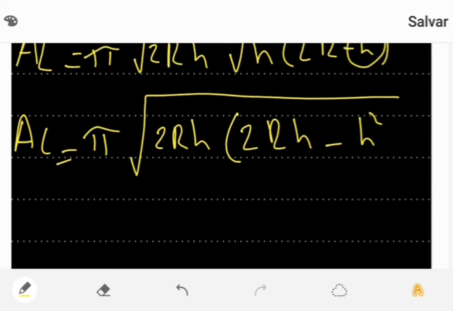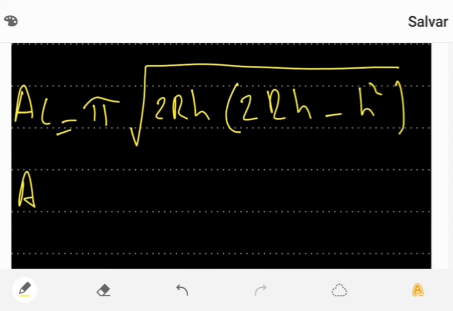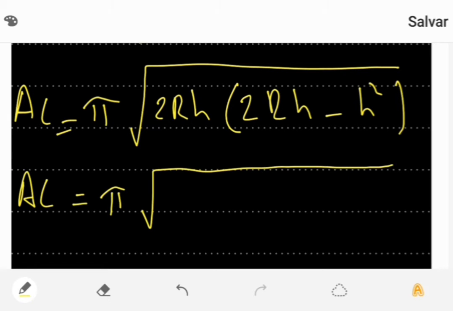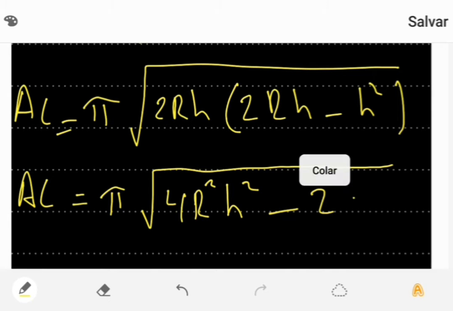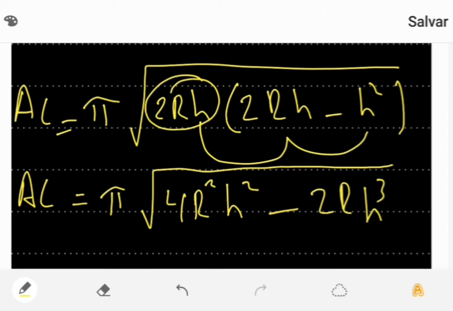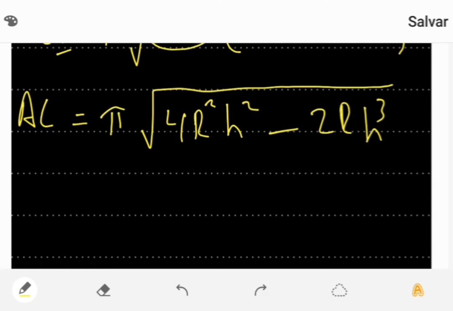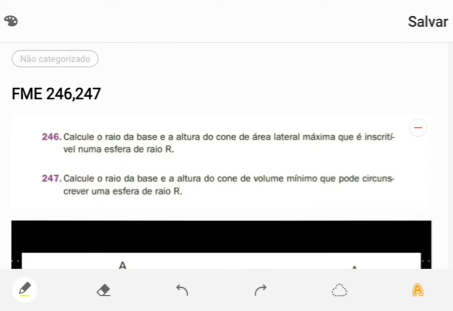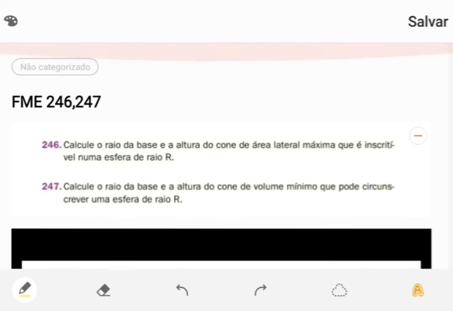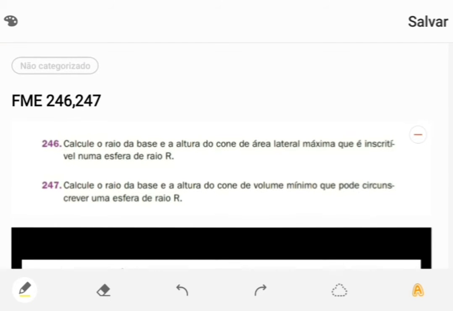So the area of the side is equal to pi times the square root of 4R squared H squared minus 2R H cubed. I just multiplied this over here. Now look, what are we going to do now? Well, now we have only one variable, so now we can derive it to find the maximum area that we want, the maximum area of the side.